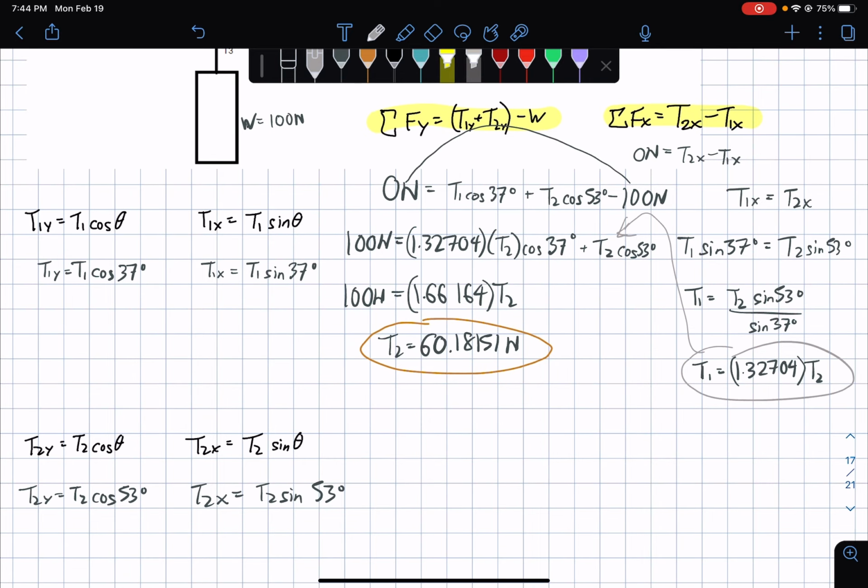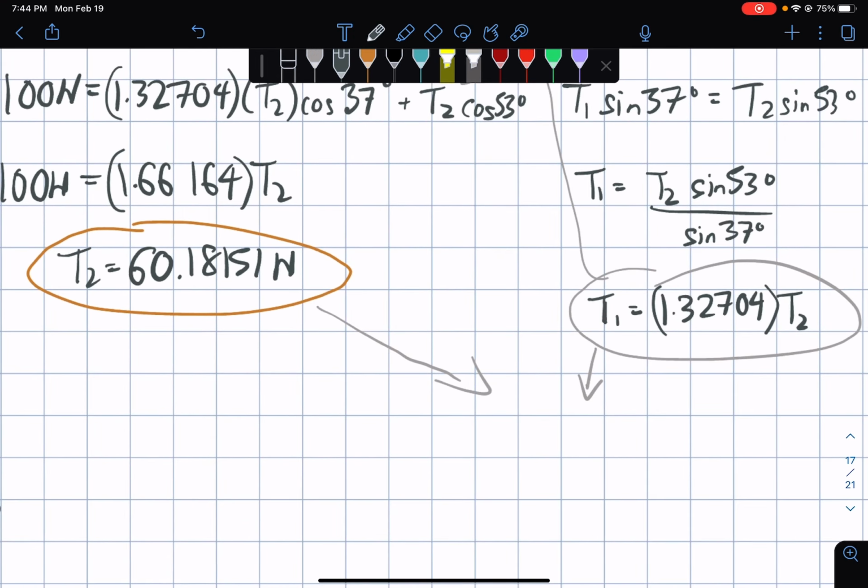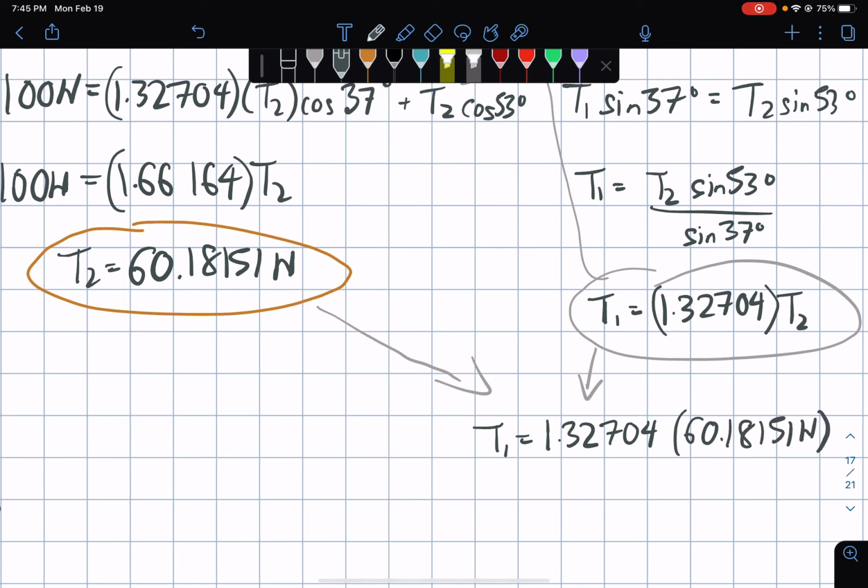Let's look for T1. 1.32704 times 60.18151 is equal to 79.86327 newtons.